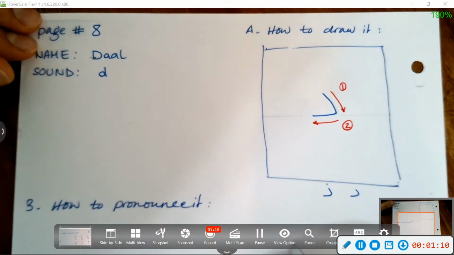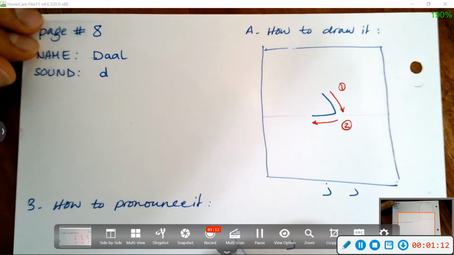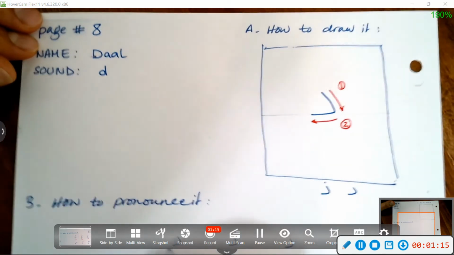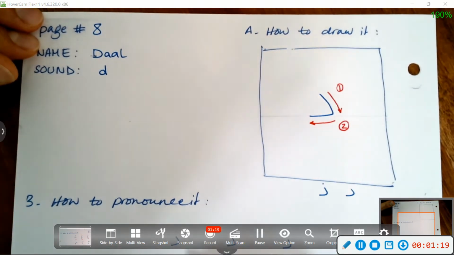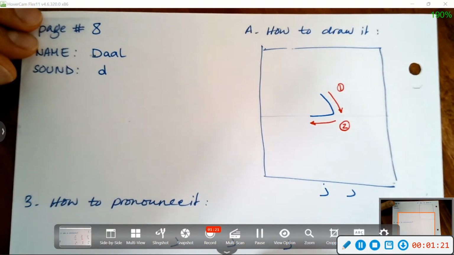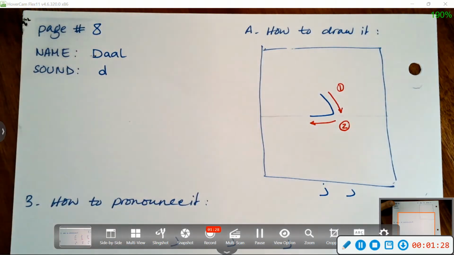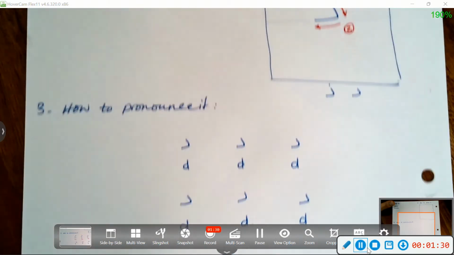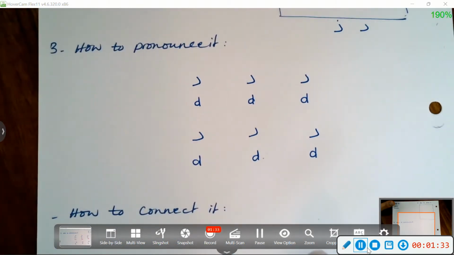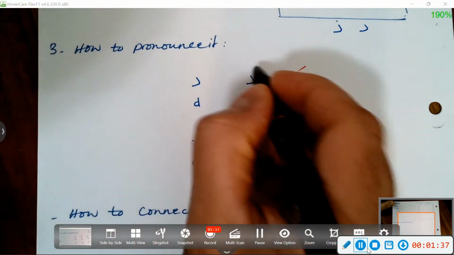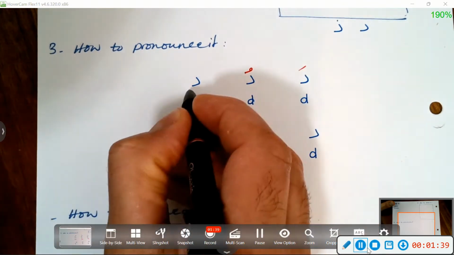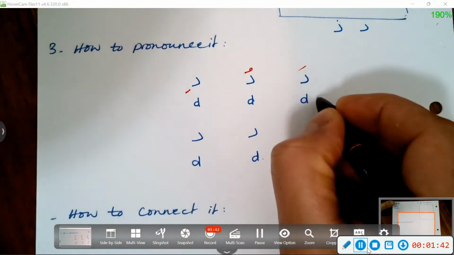So let's see how we pronounce it with the short vowel and then with the long vowel. This is da with fatha, do with dhamma, di with kasra.